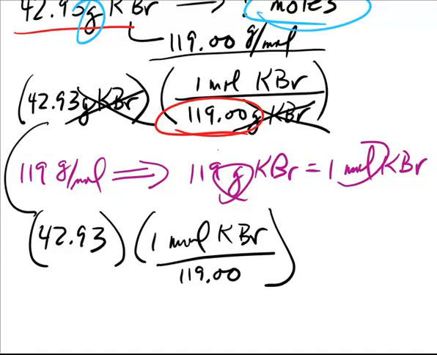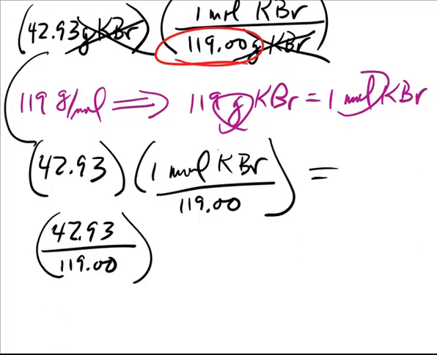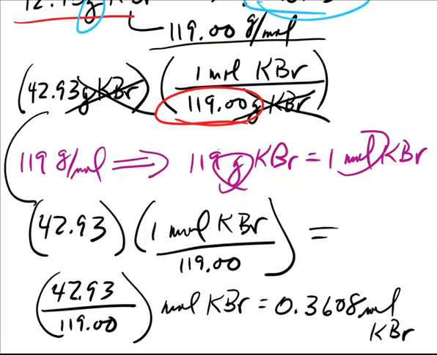So when I do the math, I need to take 42.93 divided by 119.00, and that's going to be my moles of KBr, and that answer is 0.3608 moles of KBr.